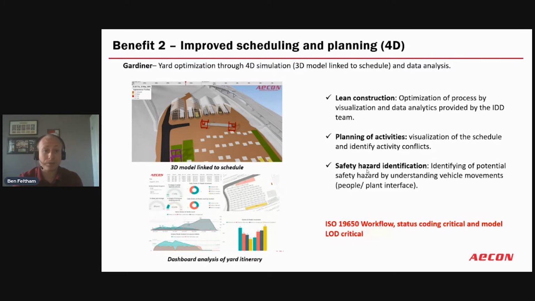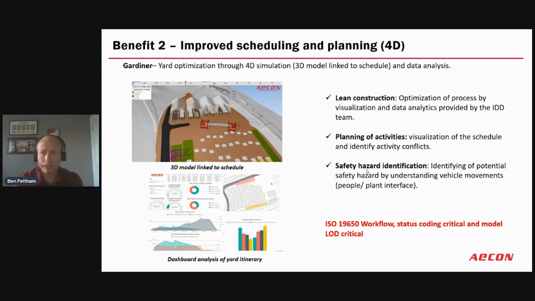We actually used optimized 4D simulation to identify when the schedule was going to be impacted in terms of too much inventory in the yard and we need to move quicker on the deck. So how can we make this a 24-hour operation? So that's a process we went through.